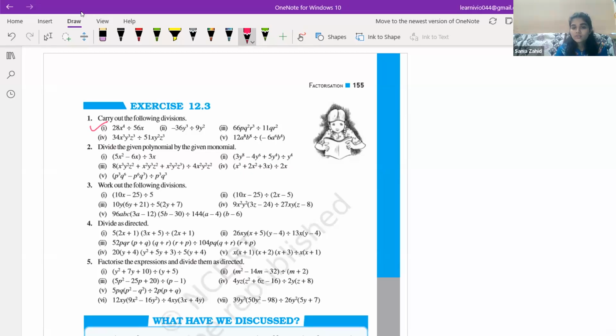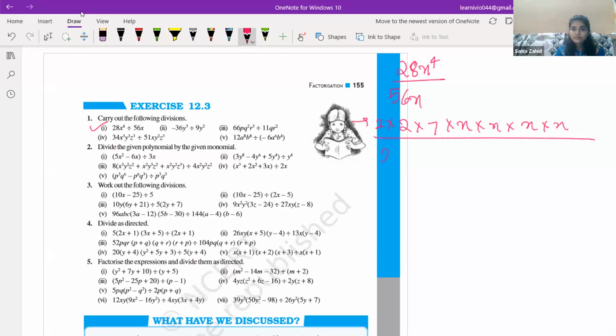So how can you factorize 28x to the power 4? 2 into 2 into 7 into x into x into x into x, divided with 2 into 2 into 2 into 7 into x. So I can cancel 2 into 2 into 7 and 1x with 1x. I'm left with x cubed by 2. This is your answer for the first one.